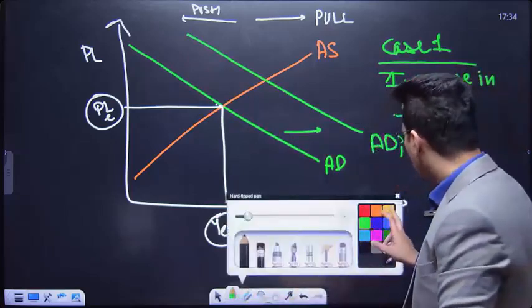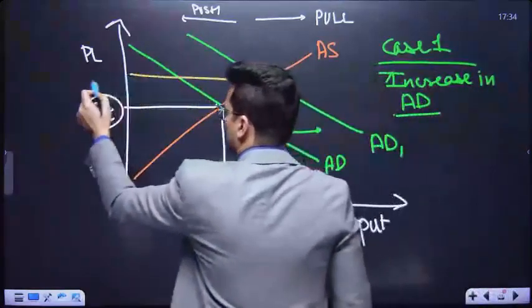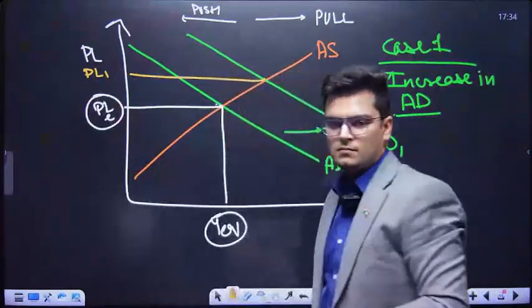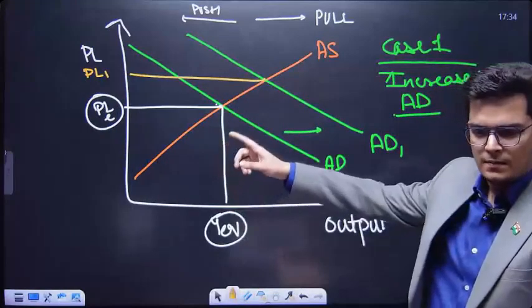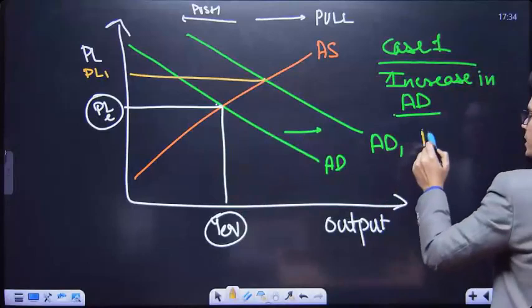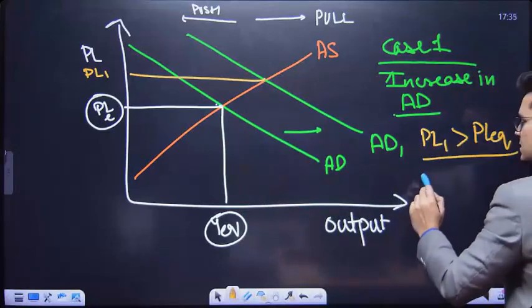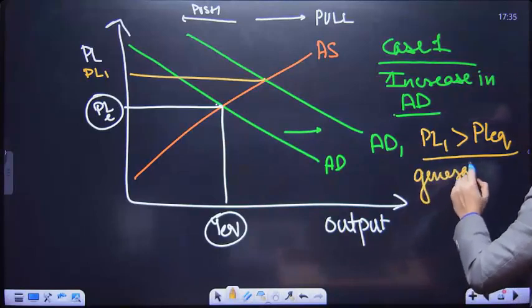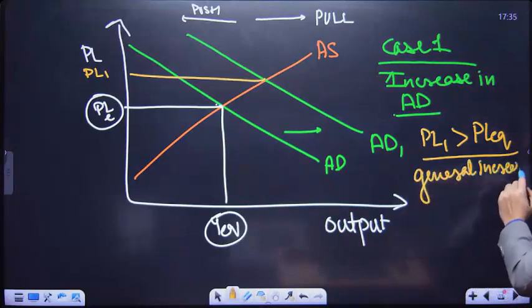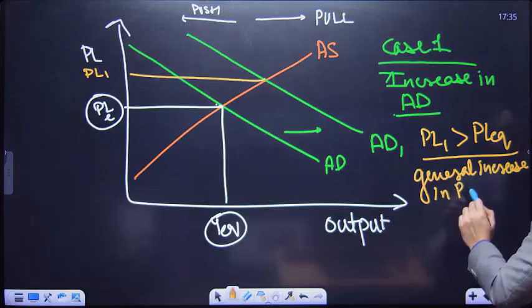What will be the new price level? Price level will be this, PL1, right? PL1 is now higher than PL equilibrium. So I can say there is a general increase in price level in the economy.